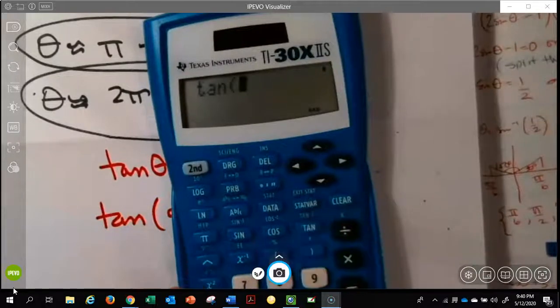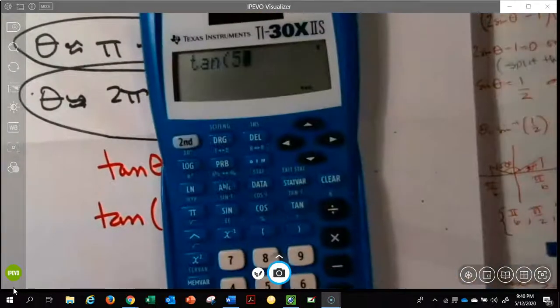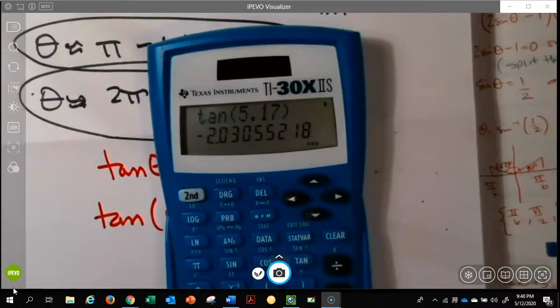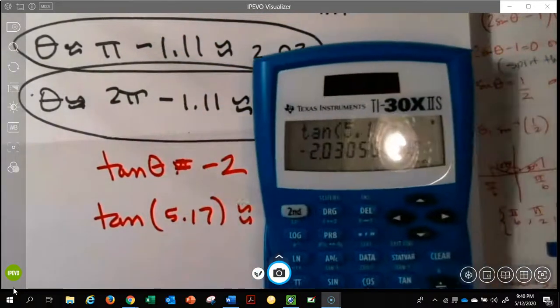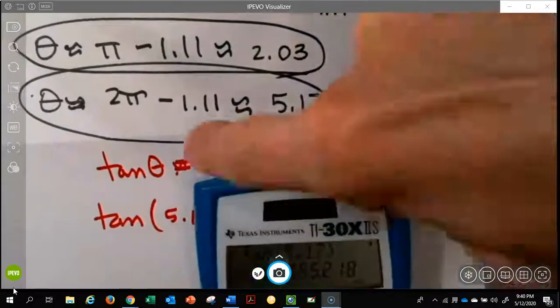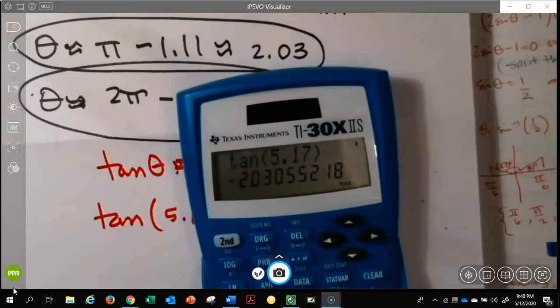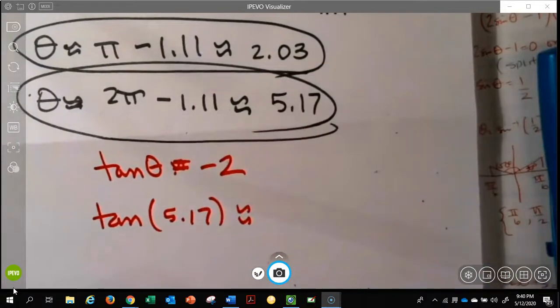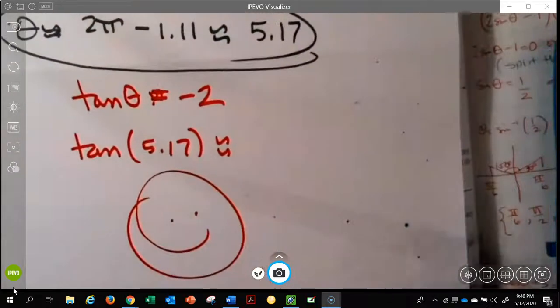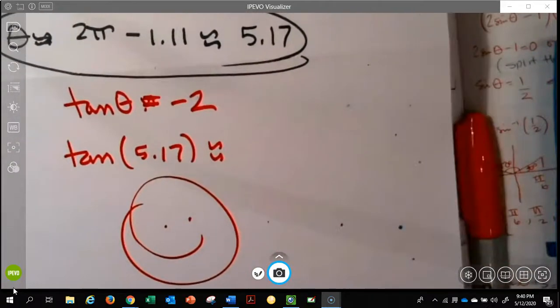So here goes my tangent of 5.17, and when I hit it, I get approximately -2. That is close enough, because I rounded this off to 1.11. If I would have left it in my calculator, it would have been a little bit more accurate. But for right now, we're going to put a big smiley face. We're going to do a happy dance, and I'm going to say I am done with these 4 examples.